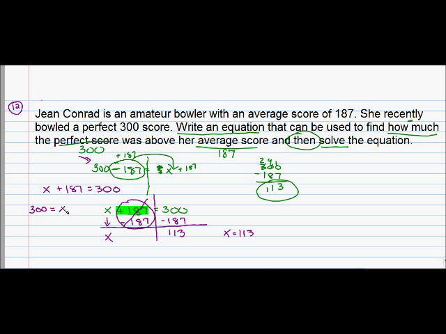That would be acceptable. Same thing, all I did was put them on different sides. I kept all the signs the same though. I could also have 300 equals 187 plus x. Notice I still have a positive 187 and a positive x. It's all the same. I'm still going to get to the same answer. But this right here, if you just left it at that, that's unacceptable because that's not an equation. Even though it has an equal sign, it's still not an equation.